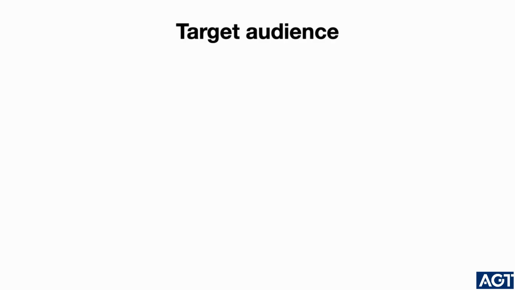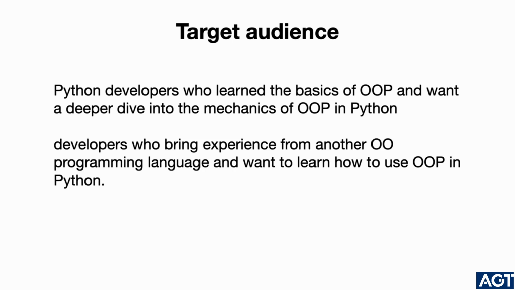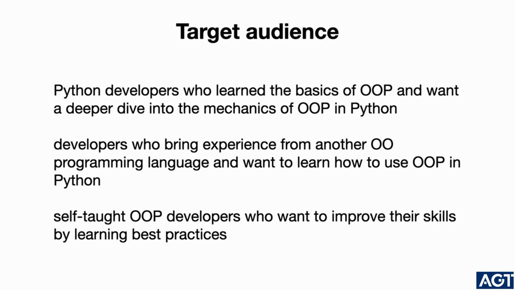Students who benefit the most from this course are Python developers who learned the basics of OOP and want a deeper dive into the mechanics of OOP in Python. Developers who bring experience from another OO programming language and want to learn how to use OOP in Python. Self-taught OOP developers who want to improve their skills by learning best practices.